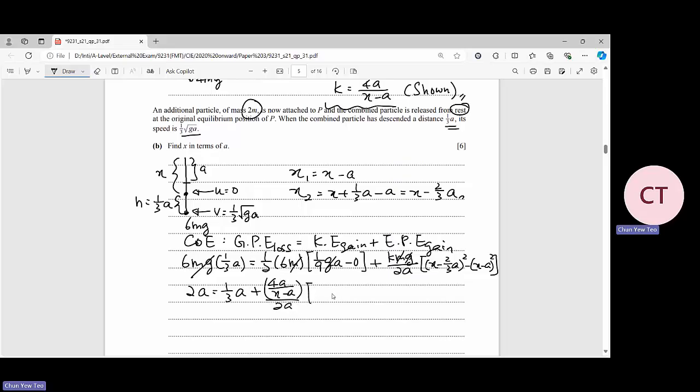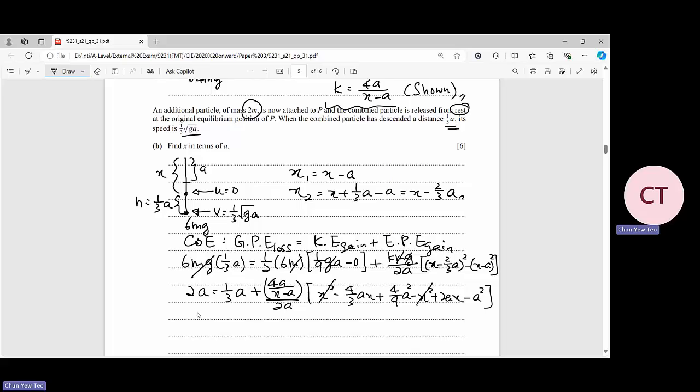Then inside here, you expand. You will get x squared minus 4/3ax plus 4/9a squared plus a minus a x squared plus 2ax minus the a squared. Cancel this.